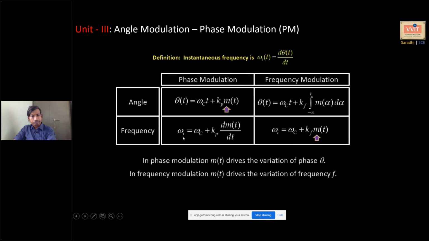In case of phase modulation, the instantaneous phase is proportional to message signal. That is why, as phase or angle is proportional to message, this is called phase modulation. As frequency is proportional to message signal, this is called frequency modulation, right?